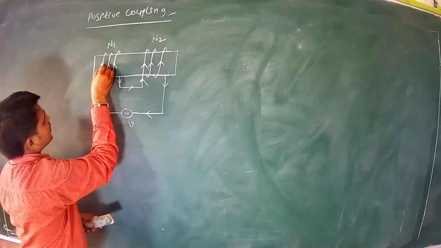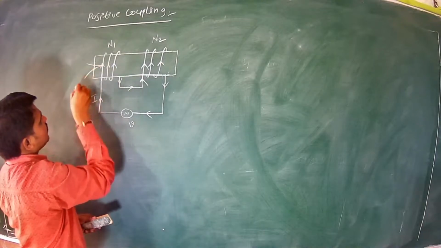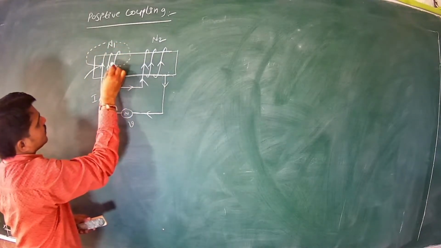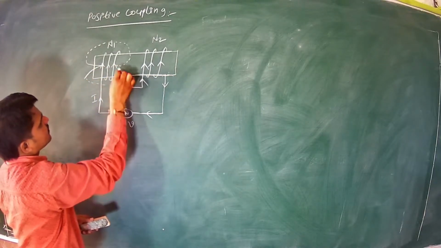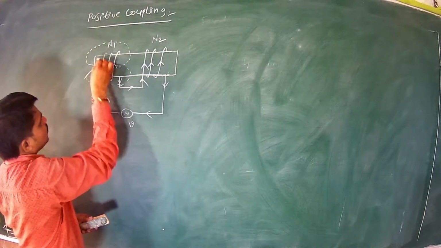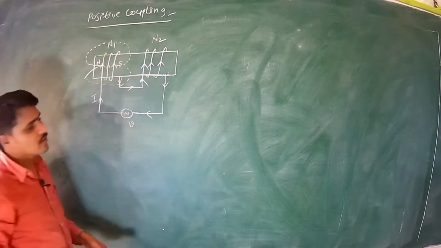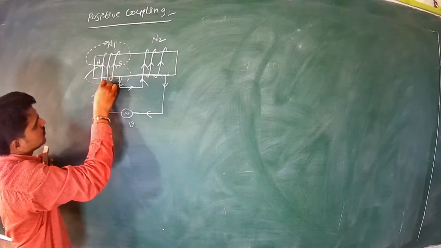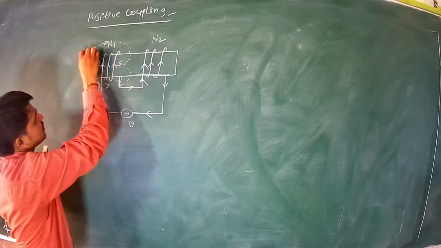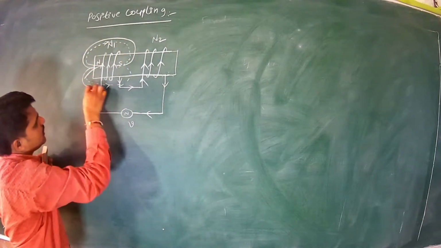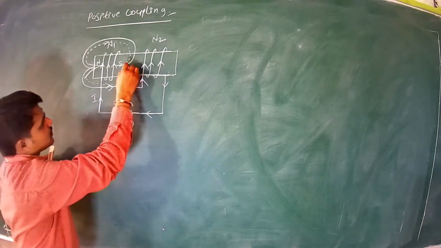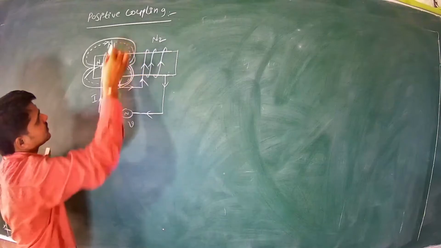That means the flux will come out like this. So this will become the north pole and this will become the south pole. The flux always flows from north to south.